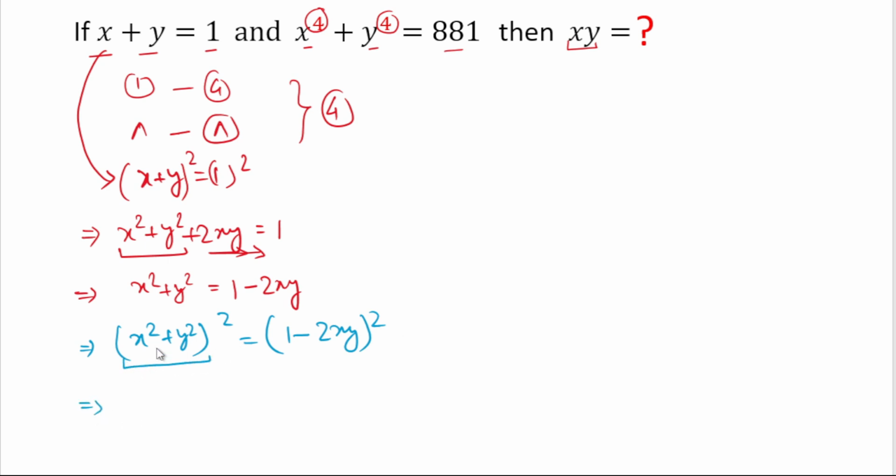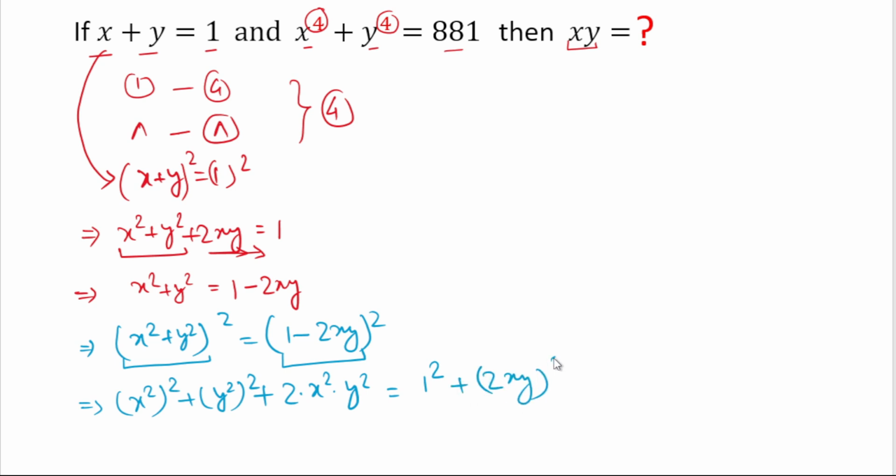So we'll write x square whole square plus y square whole square plus 2 times x square and y square, equal to, on the right hand side it is a minus b whole square, so 1 square plus 2xy whole square, and minus 2 times 1 times 2xy. Now we'll simplify it.